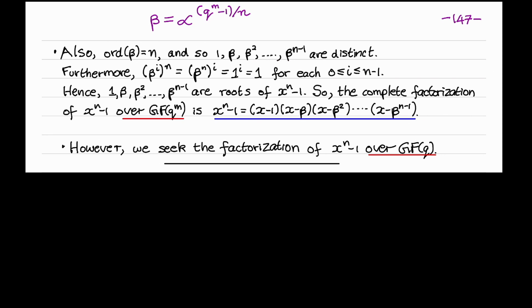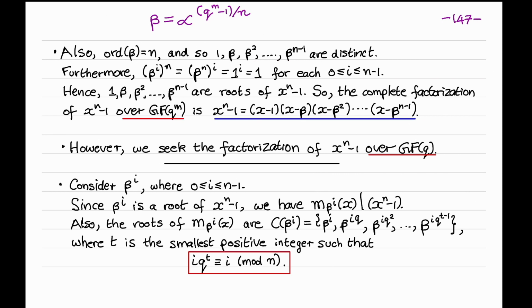As it turns out, some of these linear factors of x^n - 1 can be grouped together, so that when they're multiplied out, the coefficients are indeed in GF(q). We'll see how the linear factors can be grouped together in such a way that we recover all the irreducible factors of x^n - 1 over GF(q), and thus we'll obtain the complete factorization of x^n - 1 over GF(q).